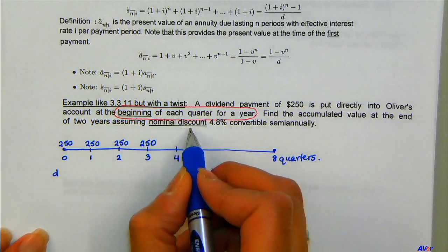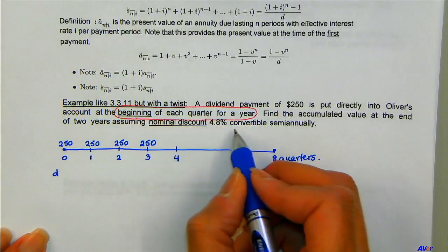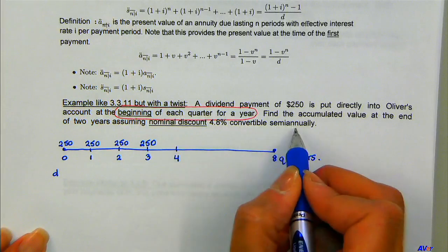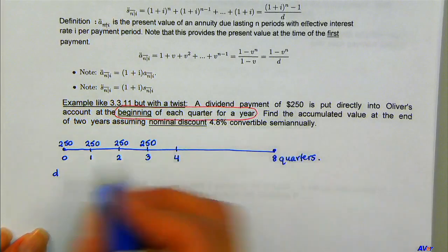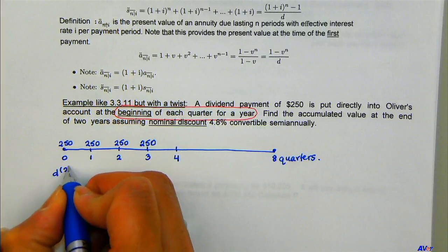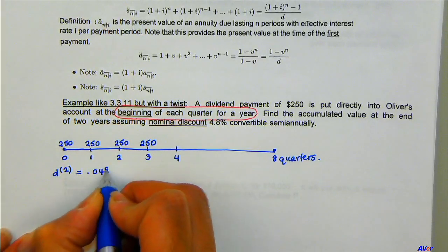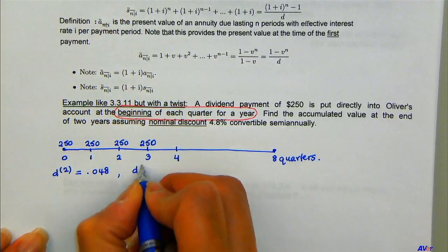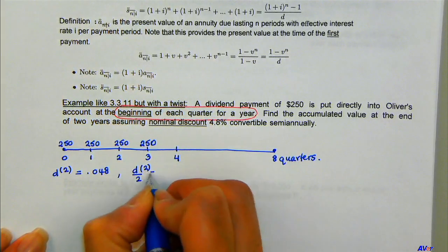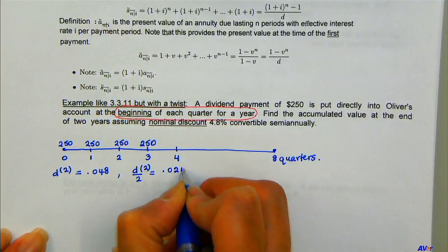The nominal discount rate, 4.8% convertible semi-annually. So D2 equals 0.048. Therefore, D2 over 2 is equal to 0.024.